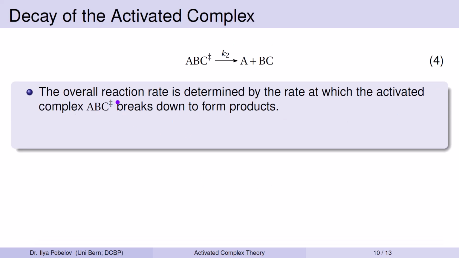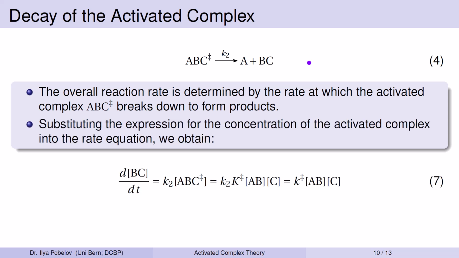The overall reaction rate is determined by the rate at which the activated complex breaks down to form products. This process is described by the rate constant K2, which governs the conversion of the activated complex into the products A and BC.